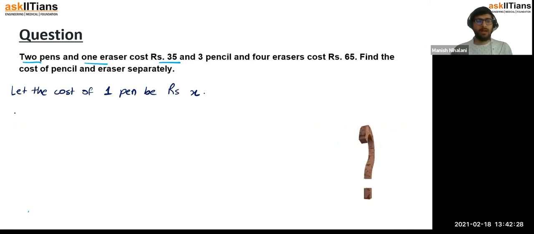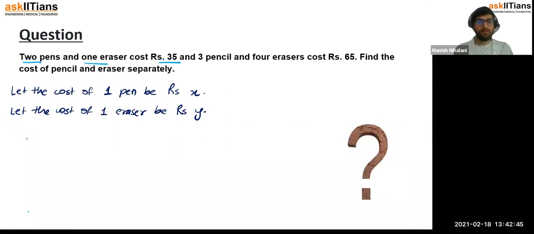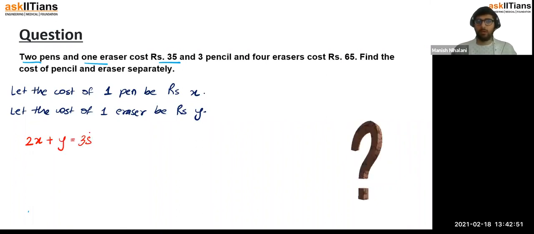Let the cost of one eraser be rupees y. It is two pens and one eraser. So when we say two pens, one eraser, it means 2x plus y is equal to 35. Do you all agree? Yes, very good, very good.